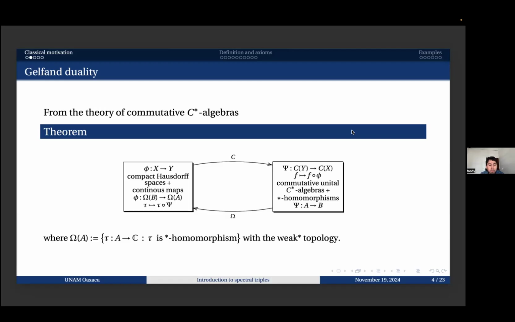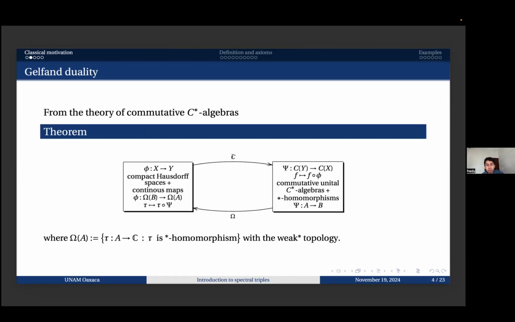In this duality, this map C in this diagram is a contravariant functor from the locally compact Hausdorff spaces to the C-star algebras.